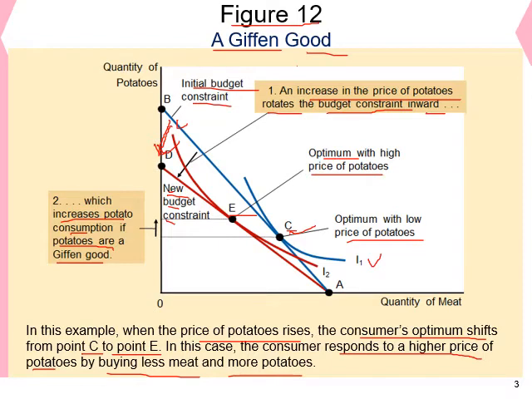At this new optimum, the consumer is on I2, which is a lower indifference curve than I1, consuming more potato, which is right here, if you compare to this one, and less meat in that case.